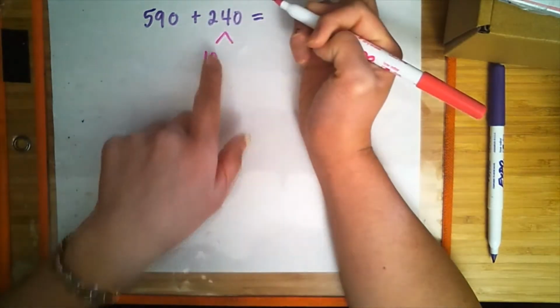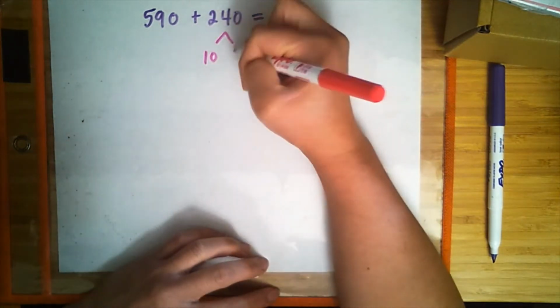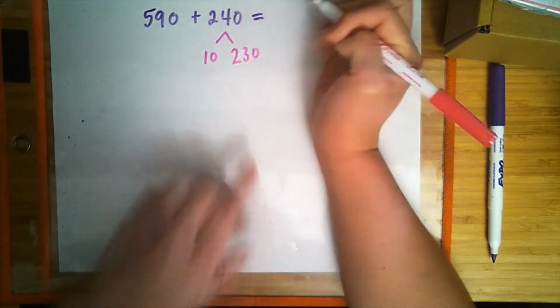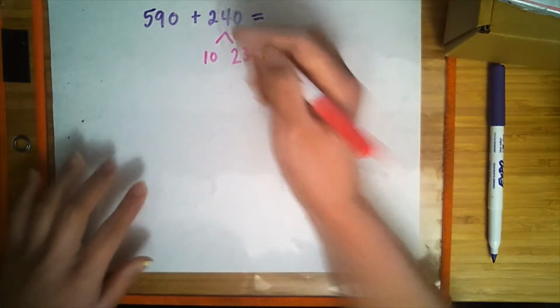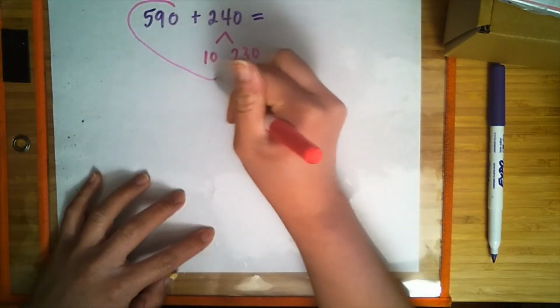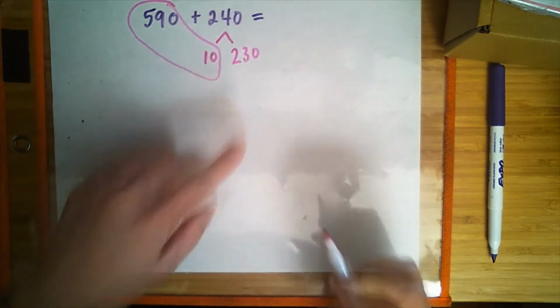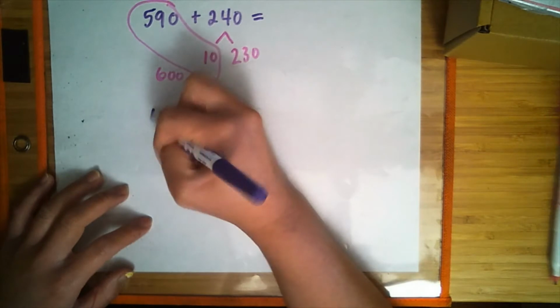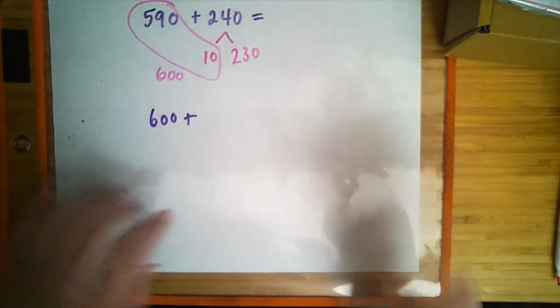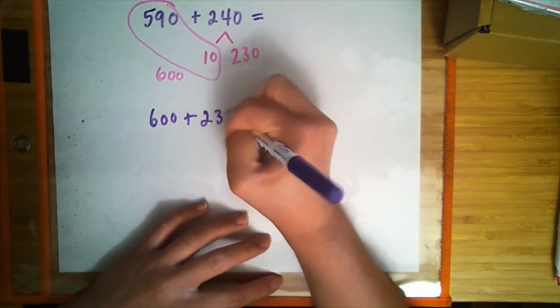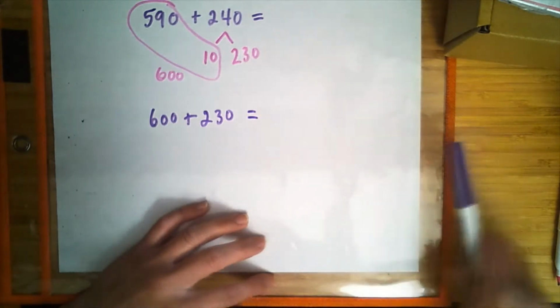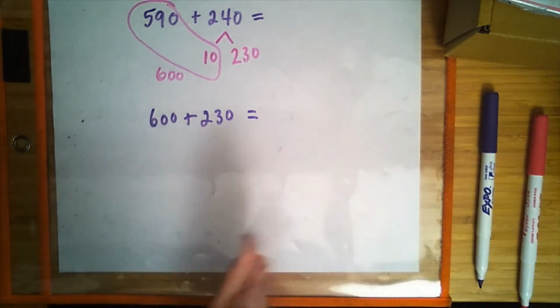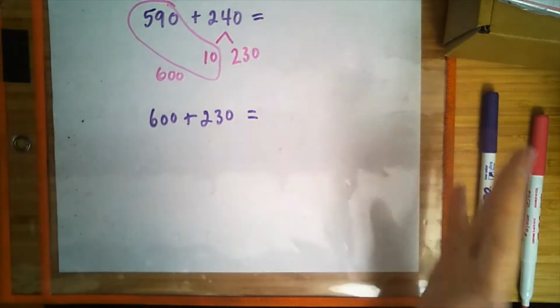I'm going to take 10 out of the 240 so that I have 230 left. Now I'm going to go ahead and group 590 and 10 to make 600. Now I have 600 plus 230. You can solve this two ways. You can solve this with Arrowway or with mini number bond.